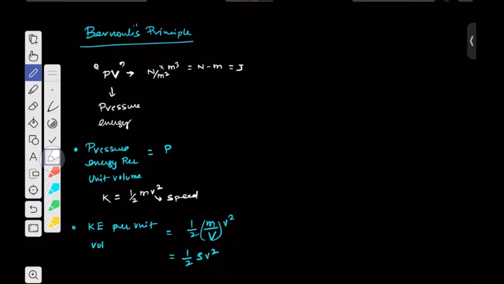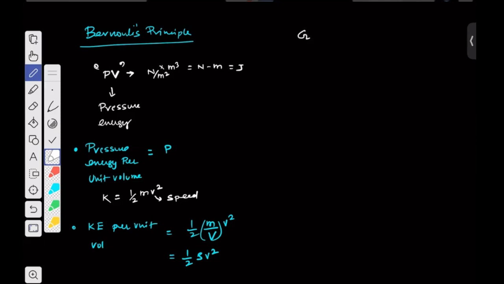Similarly, the gravitational potential energy for a particle, or even for an object near the surface of the Earth, we can write as mgh. But the h there is the height of the center of mass or center of gravity from the reference level. That we know already.